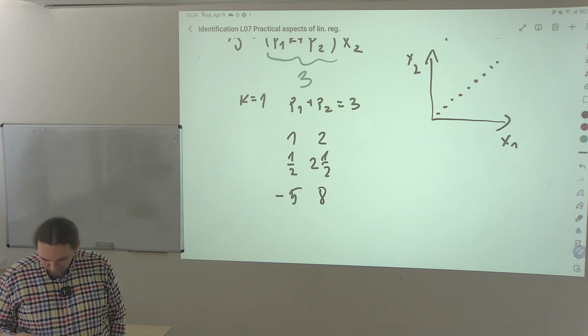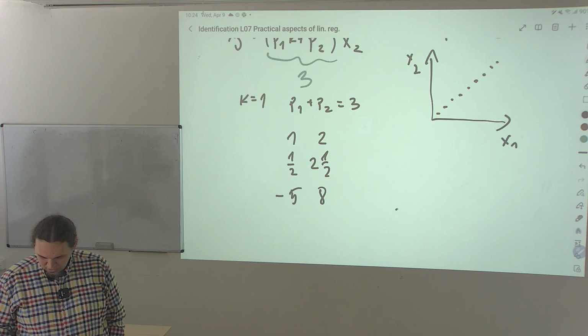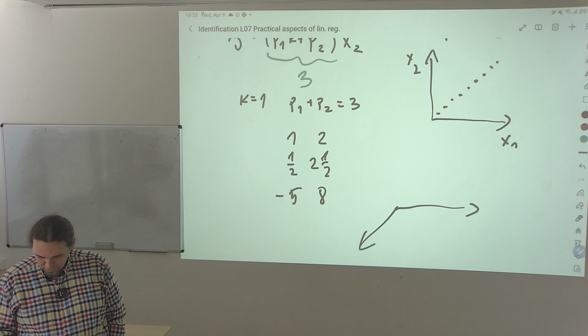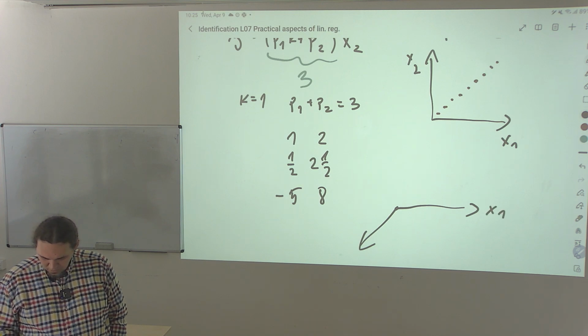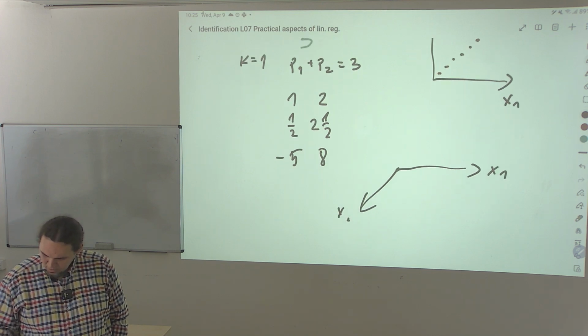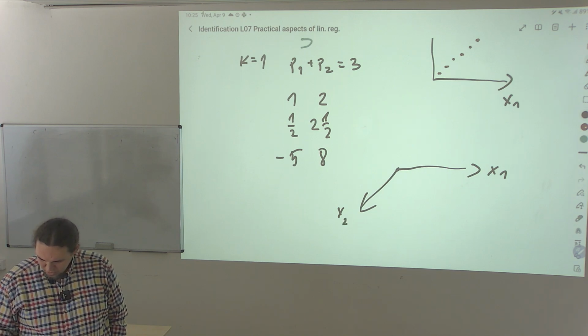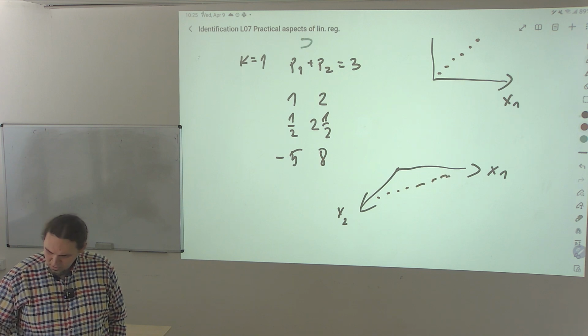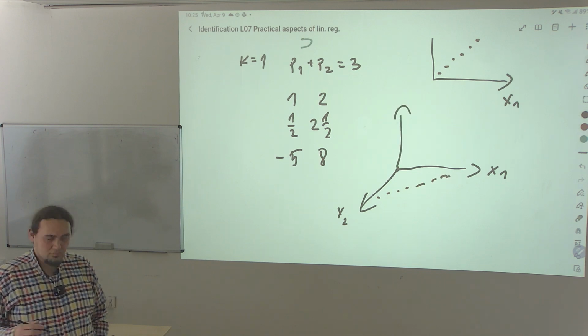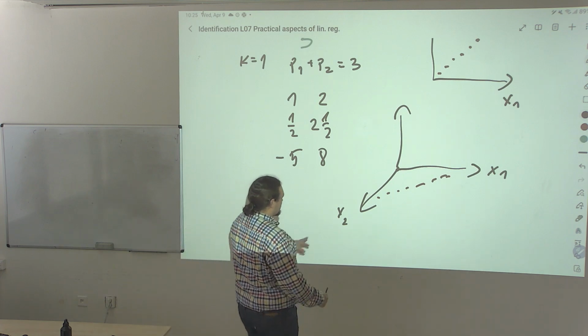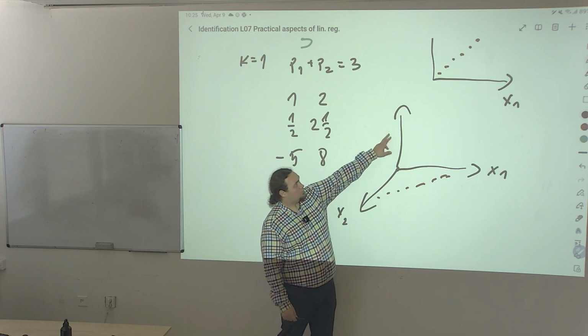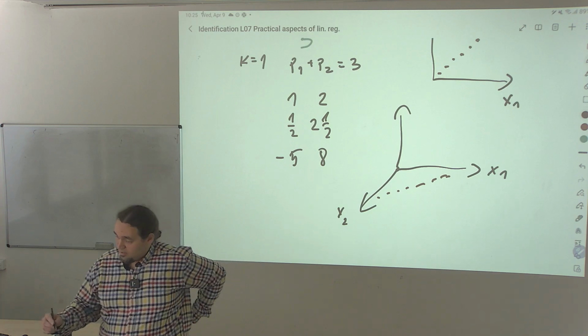We can also easily imagine this situation. Think about this. That's my attempt for a 3D plot. So we have x1, x2, which, let's say, have this correlation. And now for each of these combinations, x1, x2, we will measure our dependent variable.